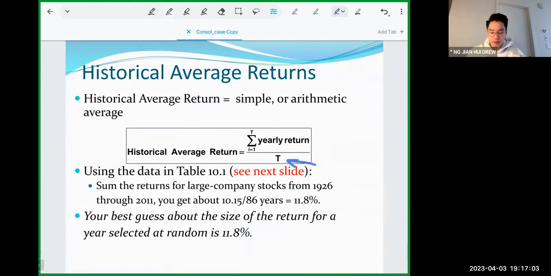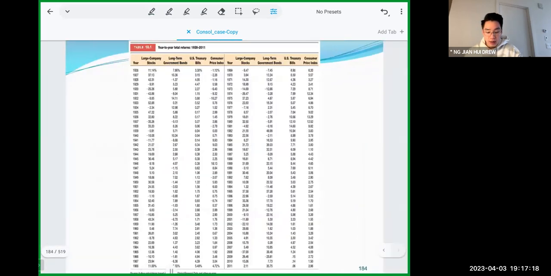So this is the most basic form of calculating returns, which I guess you have learned in, let's say, primary school or even secondary school. So for example, if you have returns on all these, you just add up everything and divide by the number of years. That's how you get the returns.